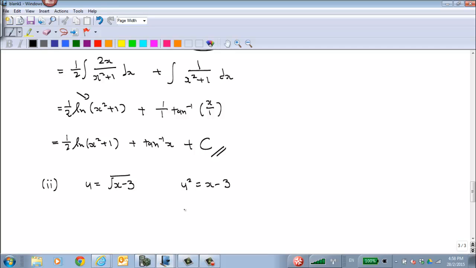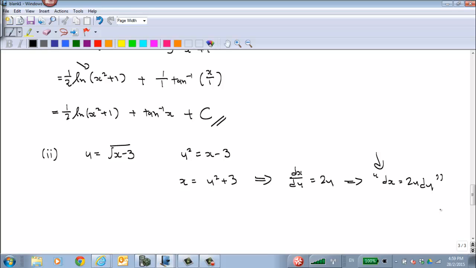Then you will have x equals u squared plus 3, implying that dx is equal to 2u du. The reason why I always use an apostrophe sign is because this is technically not mathematically correct. It's just a way for you to see how to do the substitution. So we are ready to do the substitution.